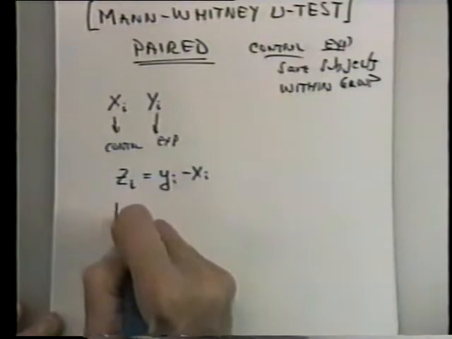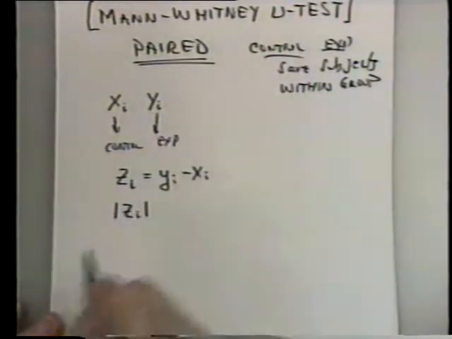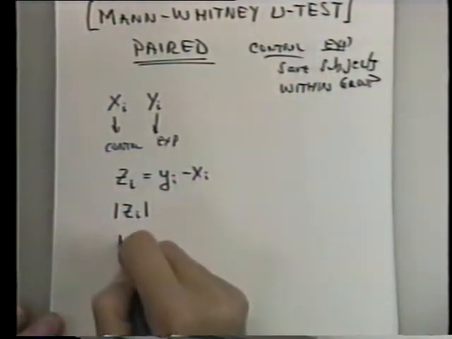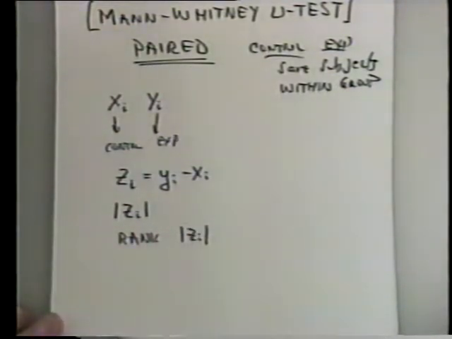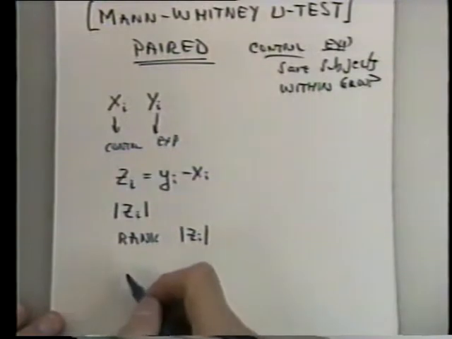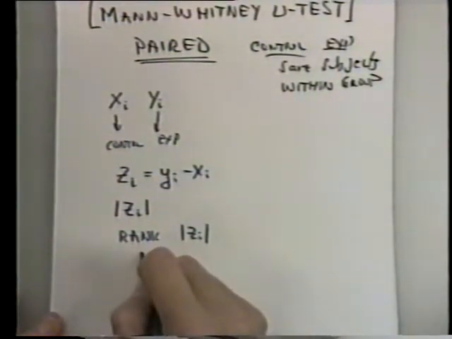And then we're going to look at the absolute value of that z. And then we're going to rank order them. And we're going to keep track of the sign by another variable.